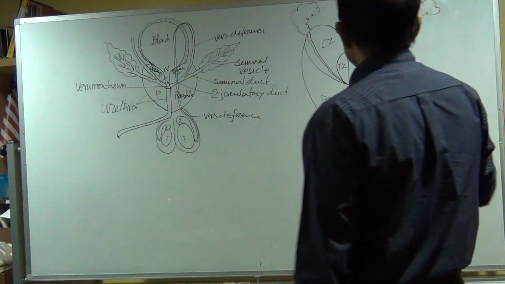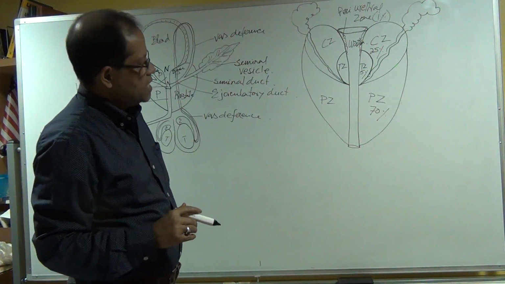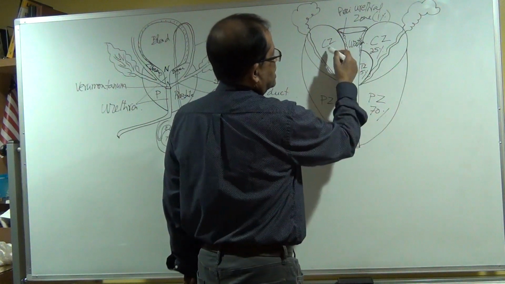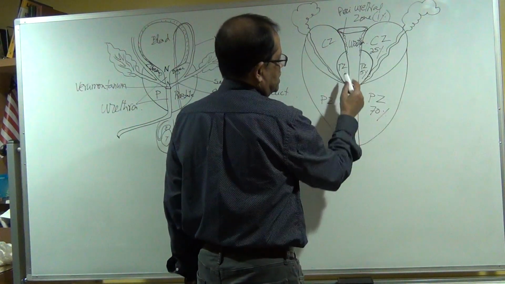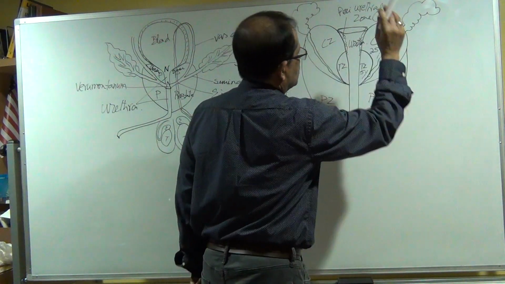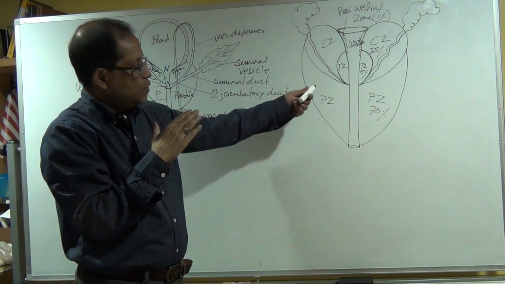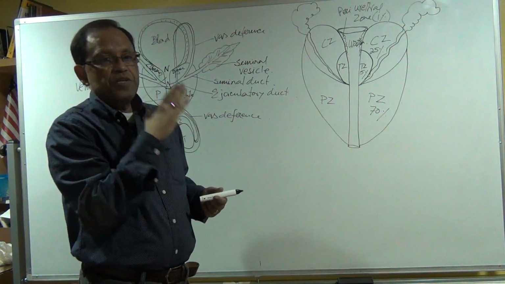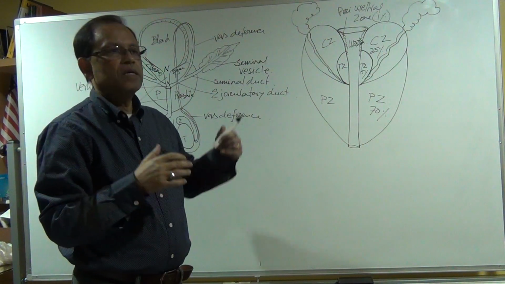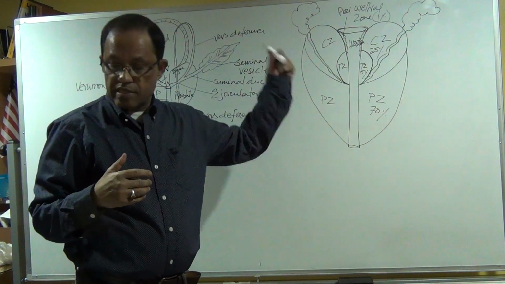Okay. So this is a prostate gland, looks like a chestnut. It has a peripheral zone 70%, central zone 25%, transitional zone 5%, periurethral zone 1%, and there is an anterior zone. I cannot show it here. Anterior zone is a non-glandular part. But this is within the central zone.